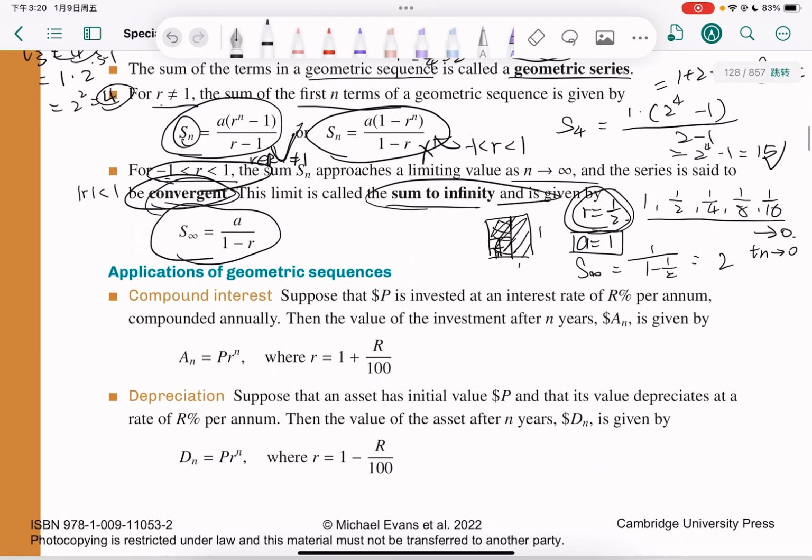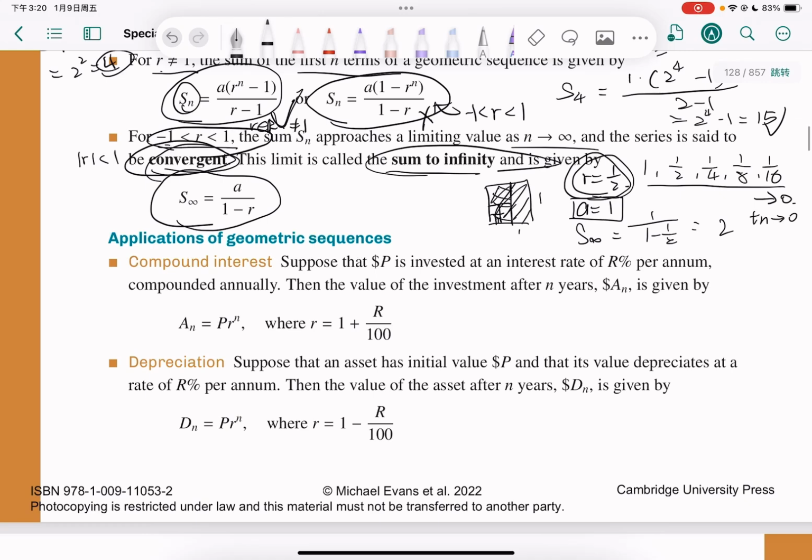Okay, let's move on to applications of geometric sequences. The first one is compound interest, the second one is depreciation. So one is plus and the other is minus. Suppose that we have $P invested at an interest rate R per annum, compounded annually.